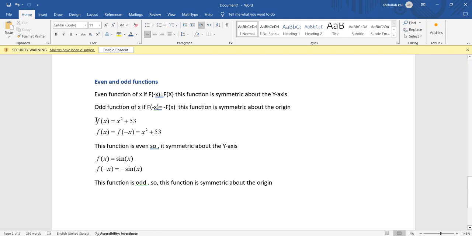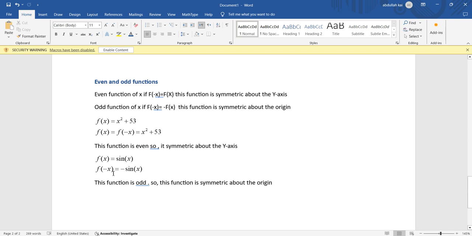Let's discuss the odd function of x, if f of minus x equals minus f of x. This function is symmetric about the origin. For example, f of x equals sine of x.